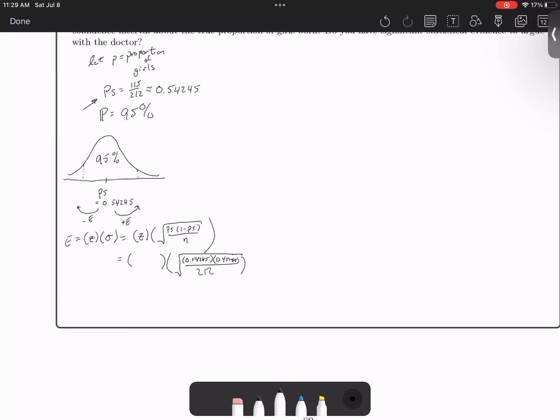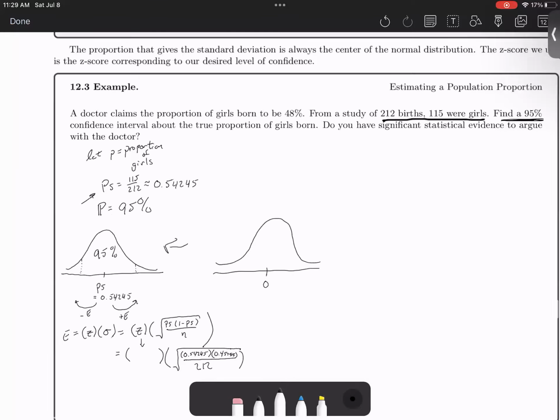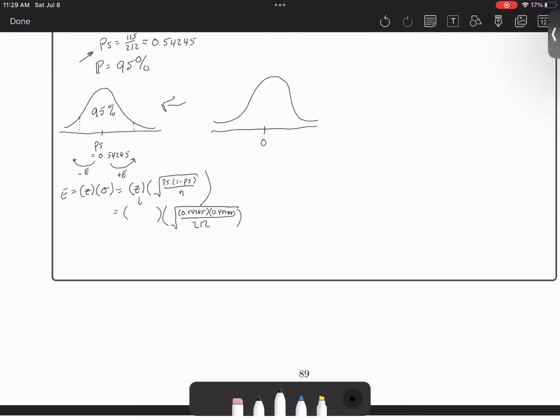All right, now let's figure out this z value. To figure out the z value, you just go back to your picture. If we're looking at z-scores, it's centered at 0. And I still want 95% of my area in the middle.